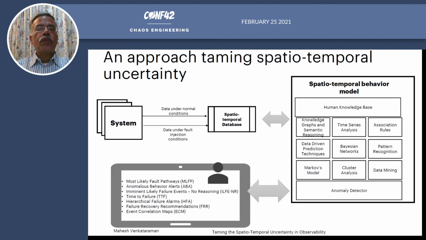The engine provides various recommendations to the human user, like most likely fault pathways, anomalous behavior alerts, imminent likely failure events, time to failure, hierarchical failure alarms, failure recovery recommendations, and event correlation. As you can see, all these are recommendations that the human expert could interact with and dig deeper and explore further to enable better prognosis or better diagnosis.